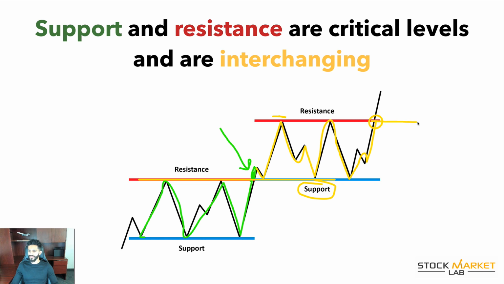Since it broke this resistance, it is now our support. Just to refresh once again, support, resistance. If resistance gets broken, that resistance level now becomes support. If a support level gets broken, that support level now becomes resistance. These levels are interchanging depending on where the stock is trading.